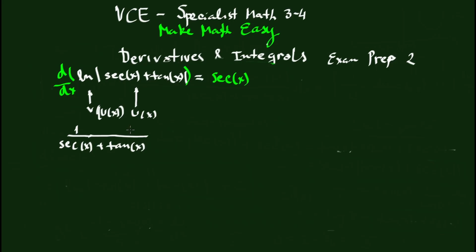That's the first bit. And then that multiplied by the first derivative of u of x, that's the first derivative of secant of x plus the first derivative of tangent of x, we do know that, that's secant square of x.